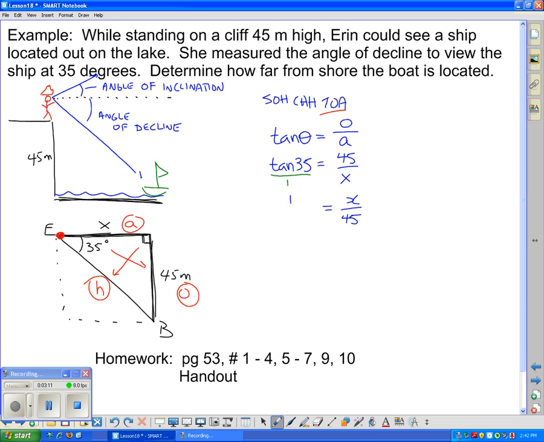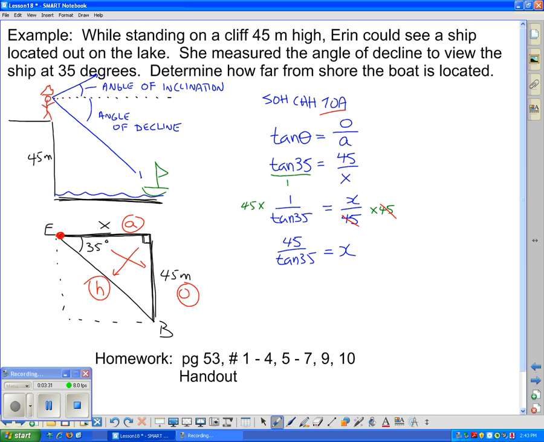So now it becomes 1 over tan 35. To get the x by itself, multiply both sides by 45. Inverse operation, so we have 45 over tan 35 is equal to x.